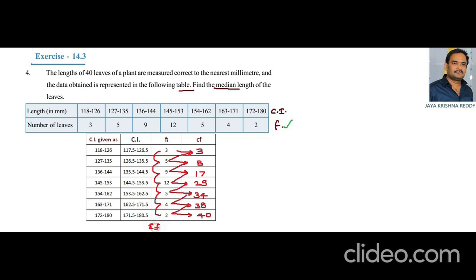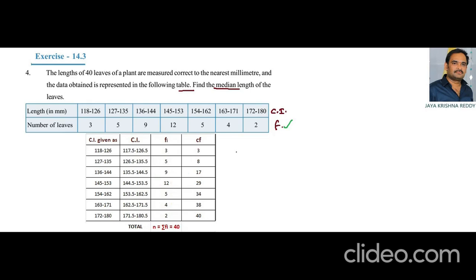So sigma fi is 40. We can represent it with n, and always this n value equals the last CF value.